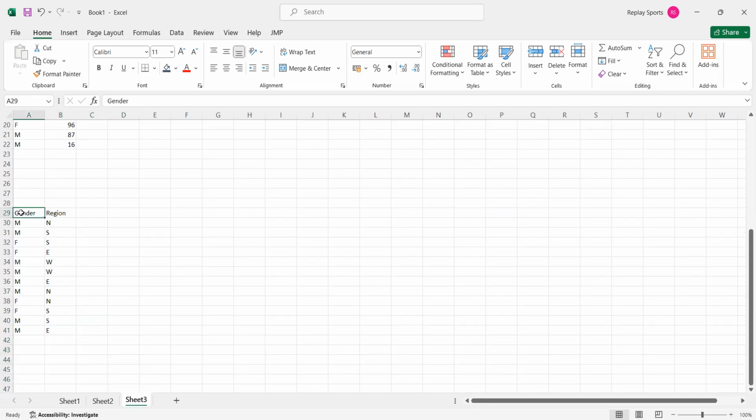You might want to compare region versus gender. Then what can we do? Okay, we draw a box. That box is called a contingency table.